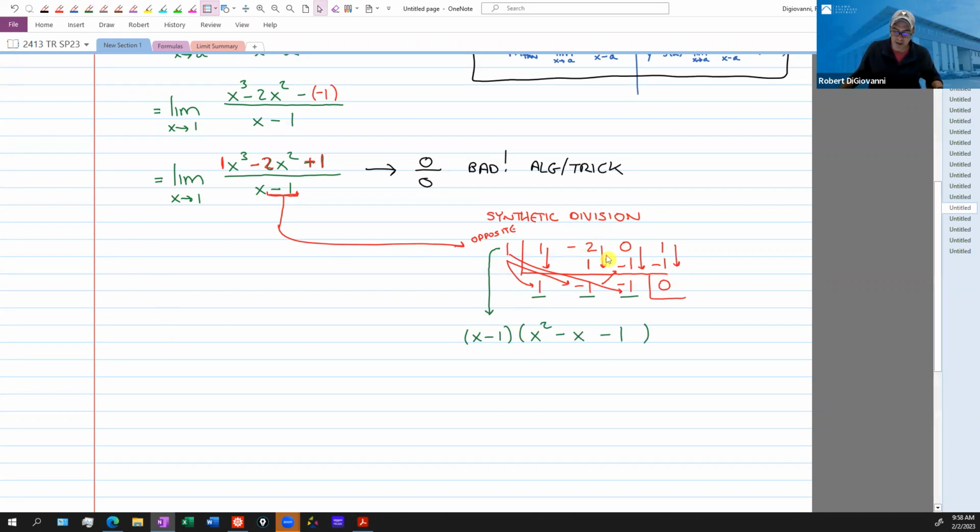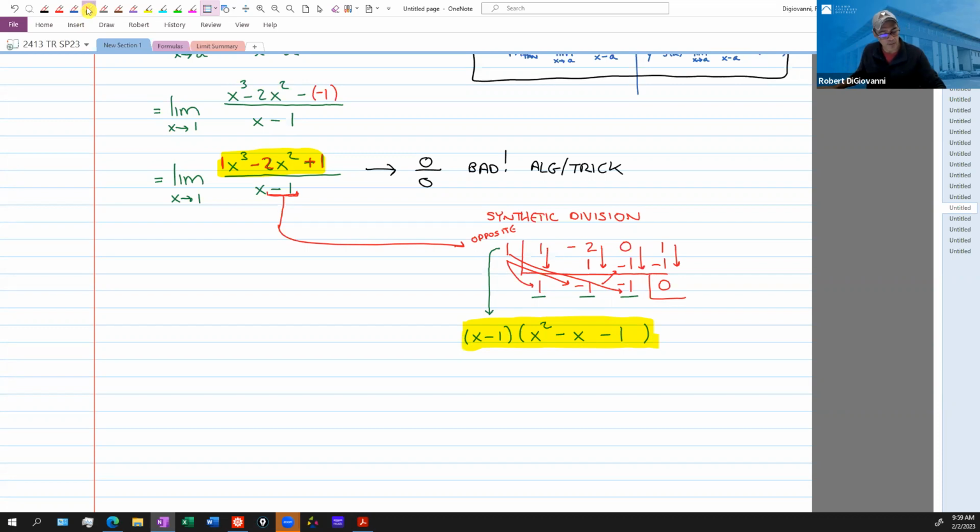This synthetic division basically allows us to factor the numerator. What we've done here is we've taken this, and by using synthetic division, we have broken it down to be this. That's the whole point of what we just did, is that it is a way to factor.